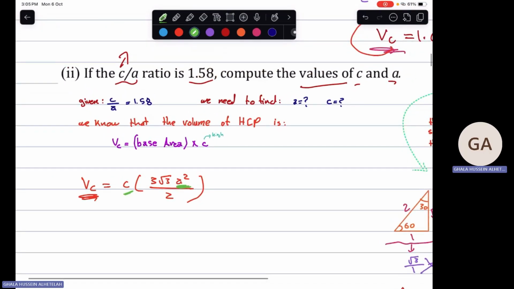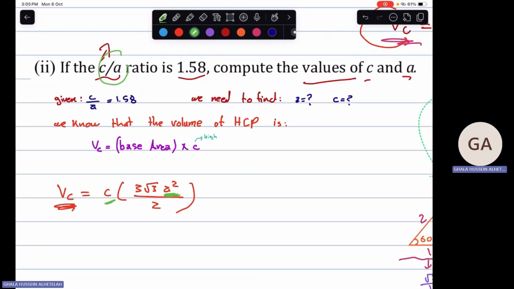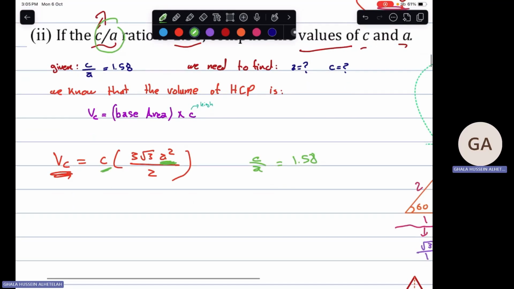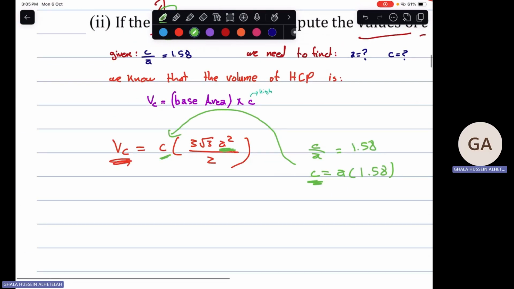Okay, we can make another equation by using this relation. c over a is equal to 1.58. طيب. We can see that c is equal to a multiplying by 1.58. And just plug the c value into this equation.